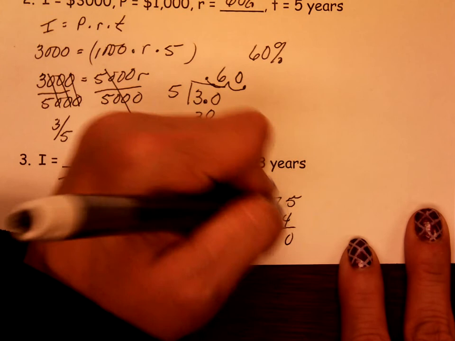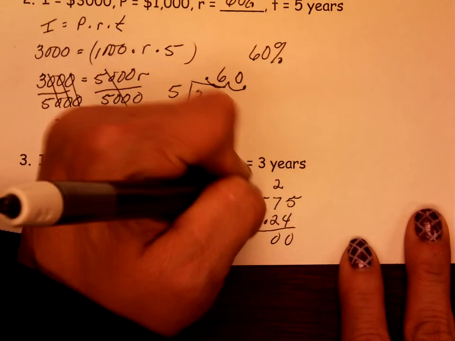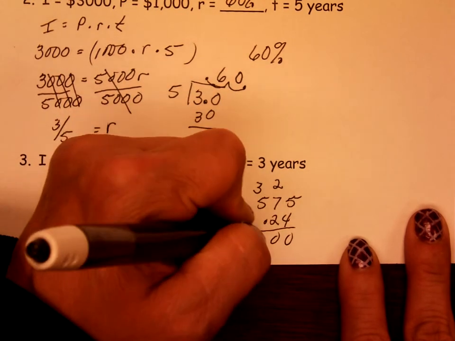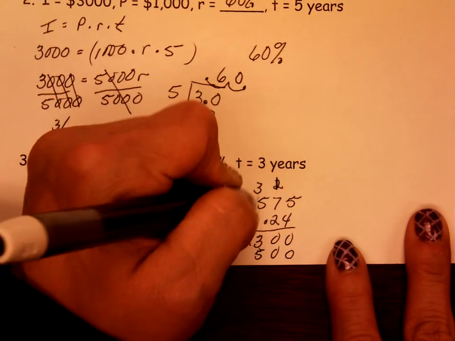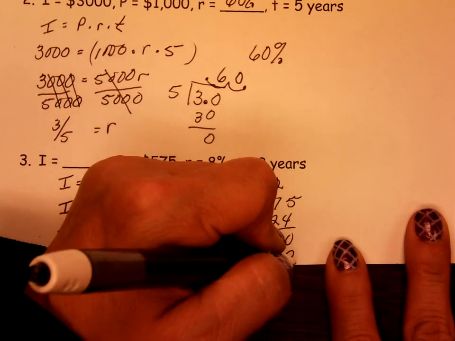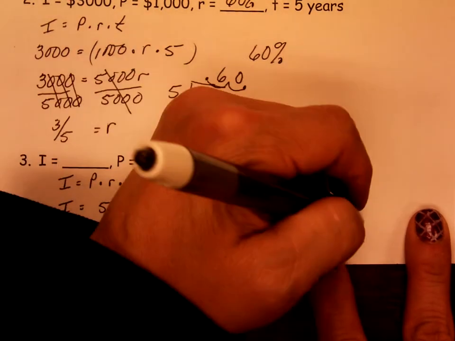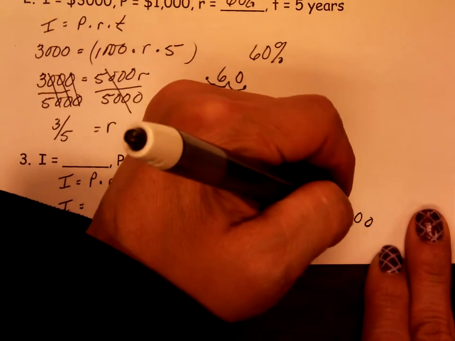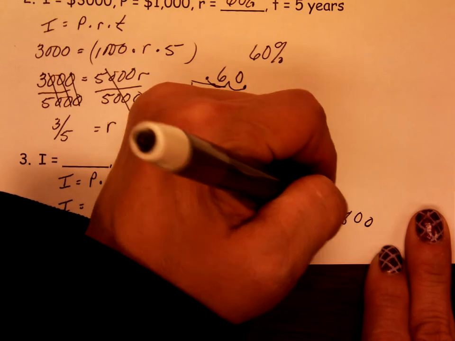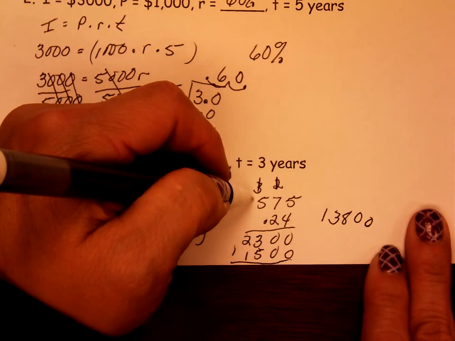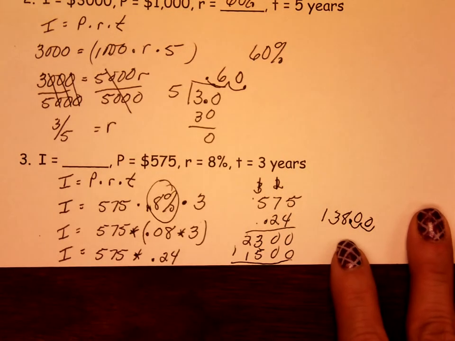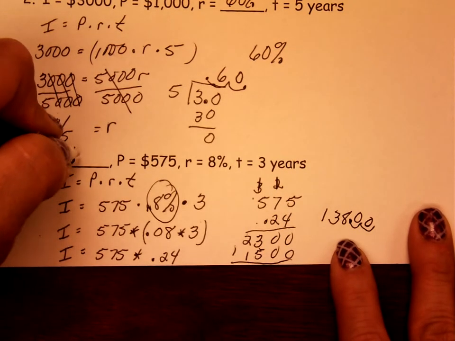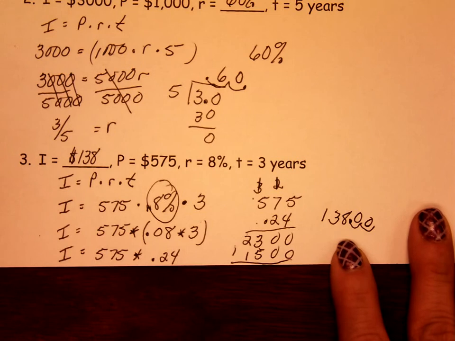It's 20, carry the 2 is 28, 29, 30, carry the 3 is 23. Add my 0 is 10, carry the 1 is 14, 15, carry the 1 is 10 is 11. Add them up, and I get 0.0831. The decimal, there's none here, there's twice, so move the decimal over here. So my interest is going to be $138 in 3 years.